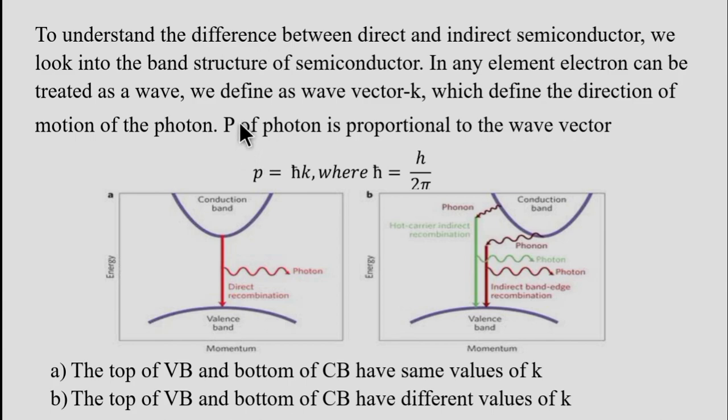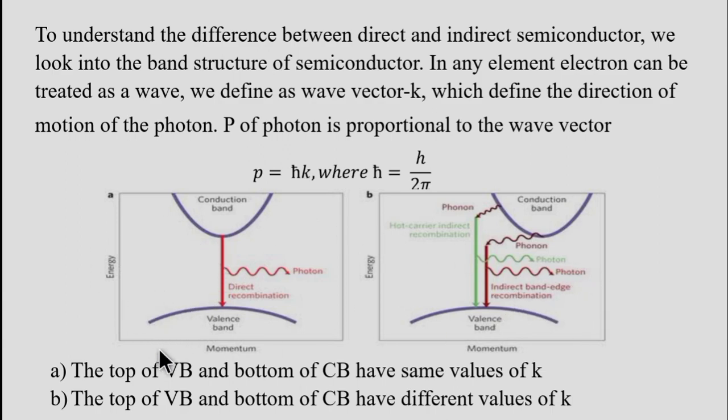The momentum is proportional to the wave vector k. That is, the momentum can be represented as p equal to h cross k, where h cross is h divided by 2 pi, h is Planck's constant, and k is the wave vector.